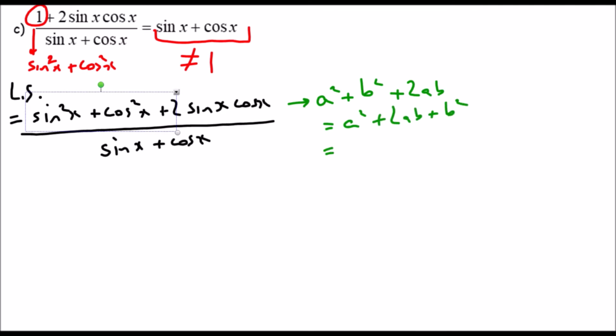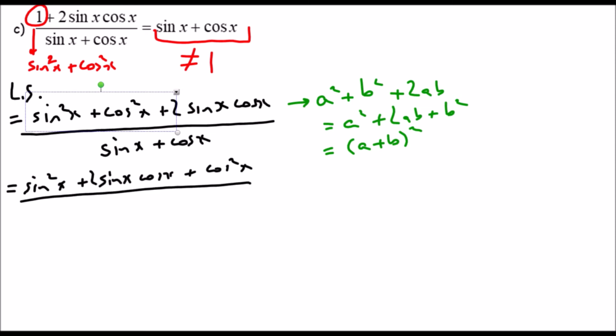And guess what this is? This is what we call a perfect square. First and last terms are perfect squares, and if I square root both of these and multiply them by 2, I get the middle term. So this is really equal to a plus b all squared. I have that exact same thing here on the left side, except that it's in sine and cos: sine squared x plus 2 sine x cos x plus cos squared x, all over sine x plus cos x.